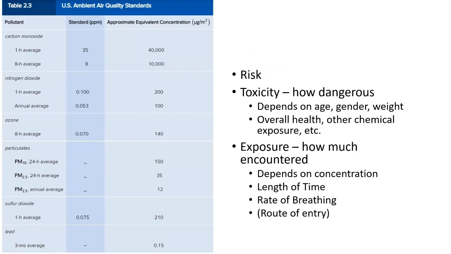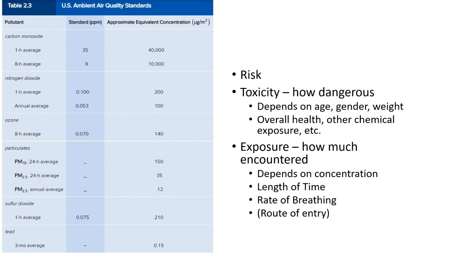But this is a chart that tries to put together all the information that we have about what you're allowed to be exposed to. So there is a risk of being exposed, which means it's potentially there. Doesn't mean it is there, it's just an environment where that kind of thing could happen.